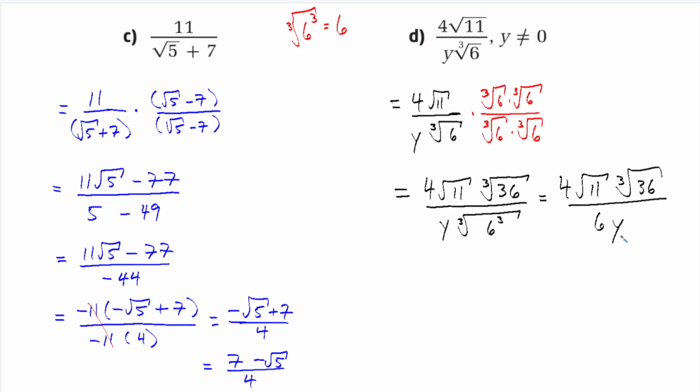Okay. When you're looking at simplifying from here, start with the square root. 11's a prime number. I can't do anything to simplify the square root of 11 further. With 36 and cube roots, you might think you can do something with that.